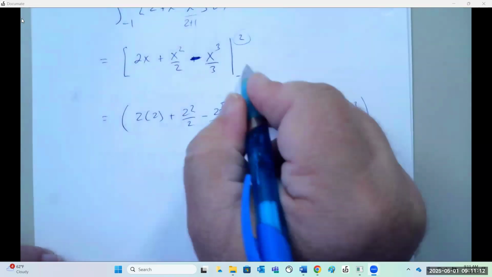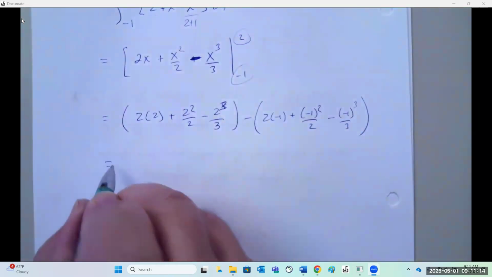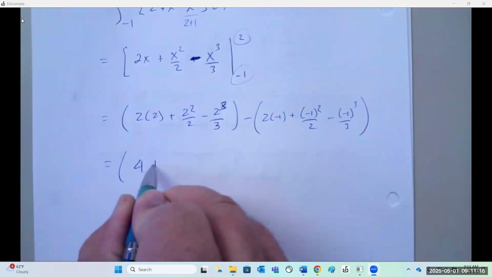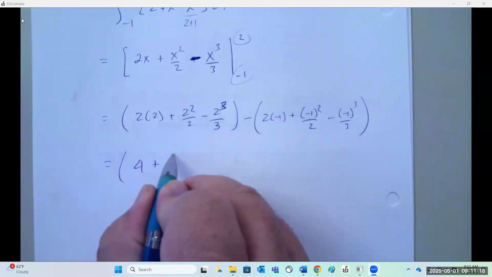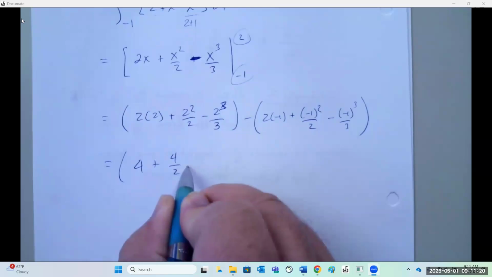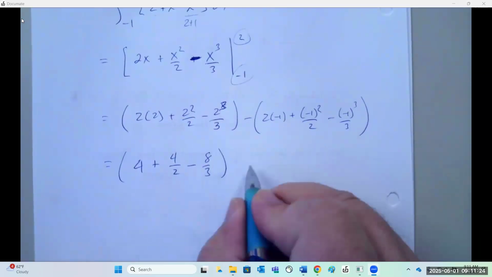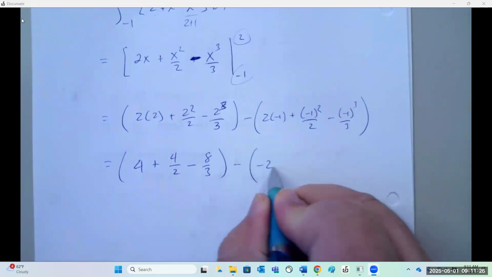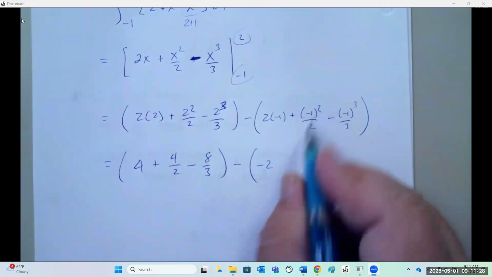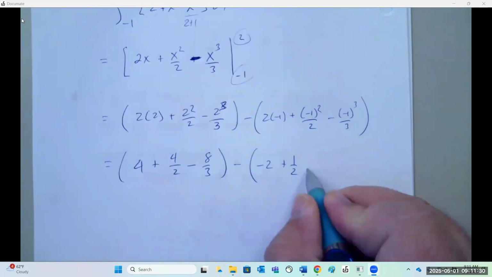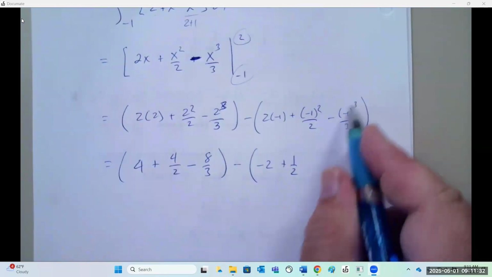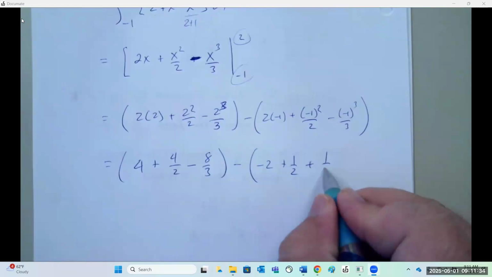I plug in this one, then I plug in minus that one. 4 plus 2 squared is 4 over 2, 8 over 3, minus -2. That becomes positive. -1 cubed is negative, which makes it a positive 1/3.